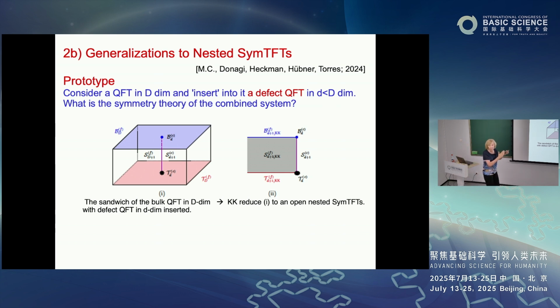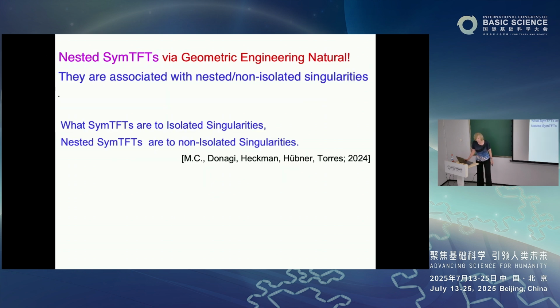And the corresponding boundary conditions now that we have to properly include in this context. Okay, so this is the field theory example of what we refer to as nested SymTFTs. So how is that realized in geometric engineering? Okay.